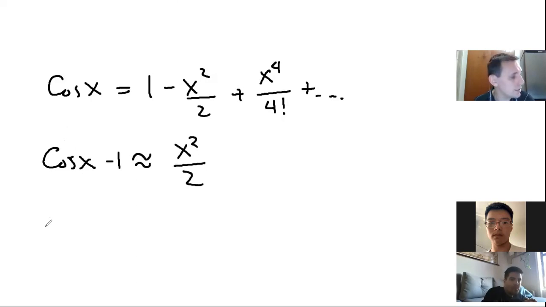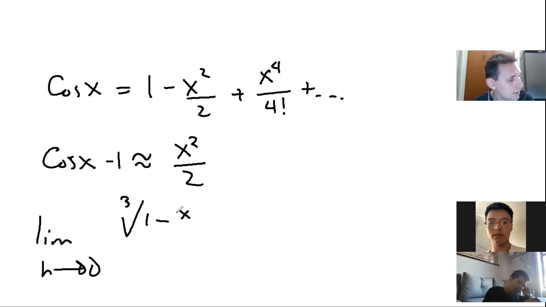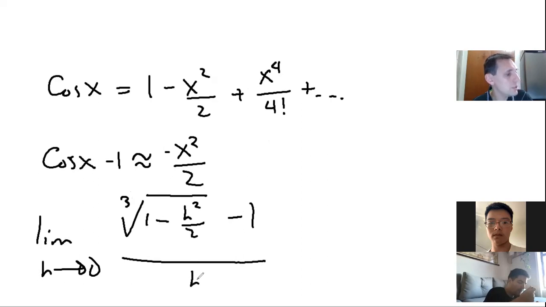So what I see in that limit truly is a limit as h goes to 0 of the cube root of 1 minus, it's a minus here, right? Minus h squared over 2, minus 1, divided by h.